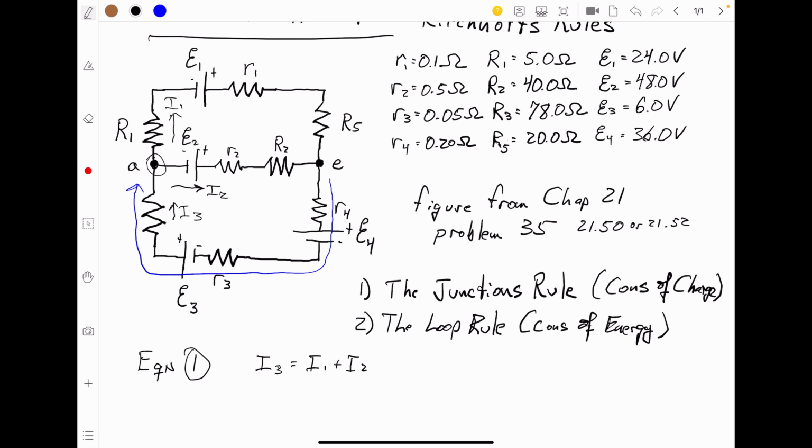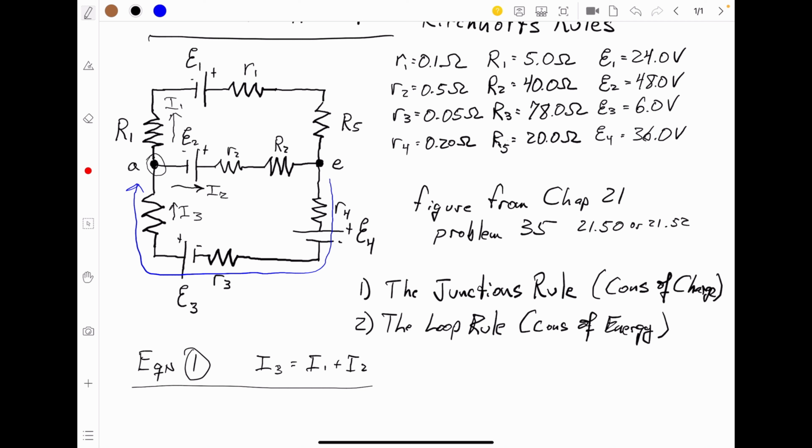Now you can do the same thing for point E. On point E, we have I1 going into it, I2 going into it, and I3 coming out. So I1 plus I2 is equal to I3. Either way, you're going to get this equation 1. So we've got one equation, and we're going to use it in a minute.